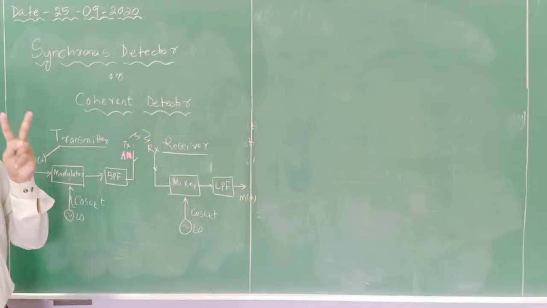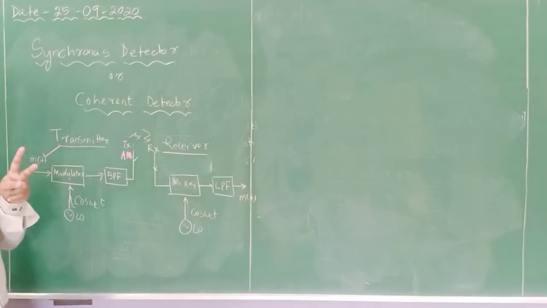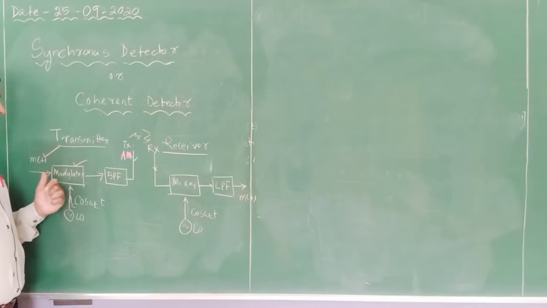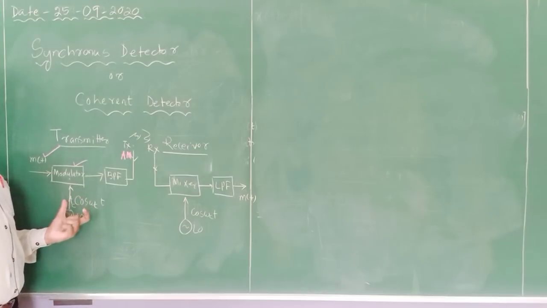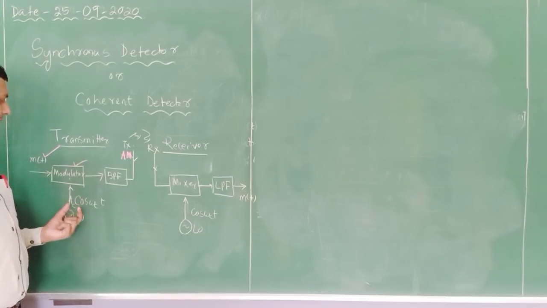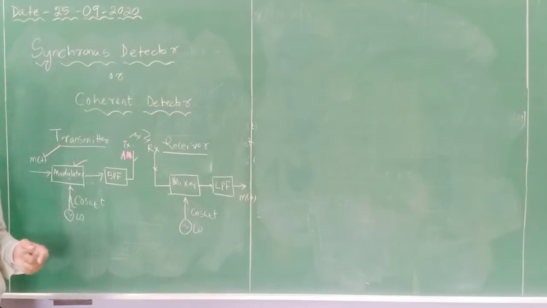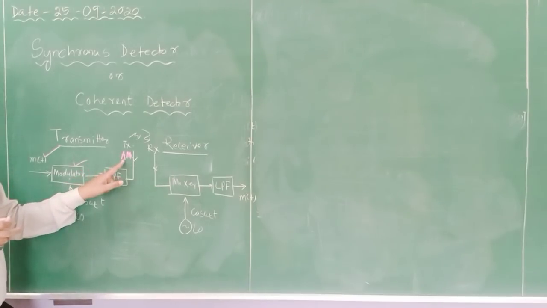In the modulator the carrier component AC cos omega c is inserted, and then it is passed through a band pass filter whose output is the carrier with sidebands, so the AM signal is generated.